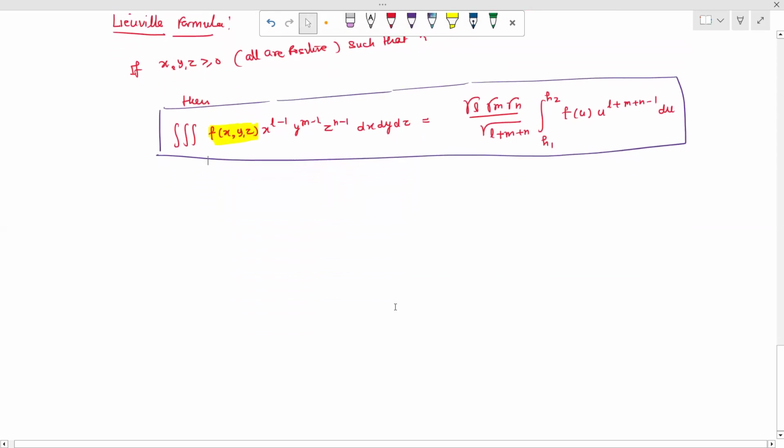Now we solve a problem based on these three formulas.